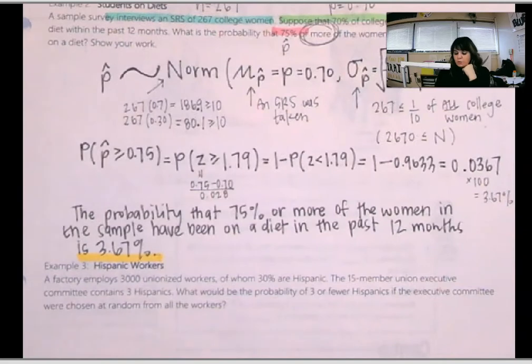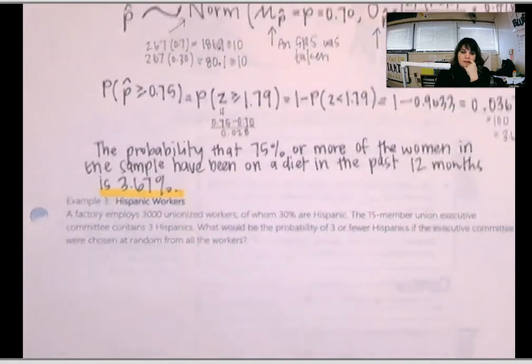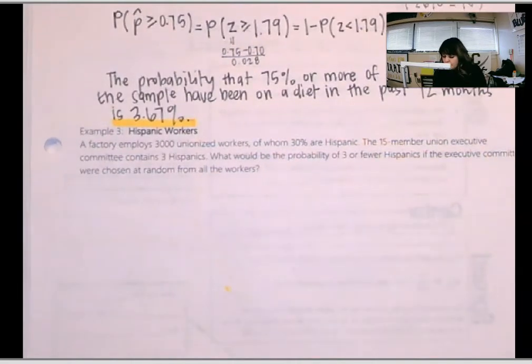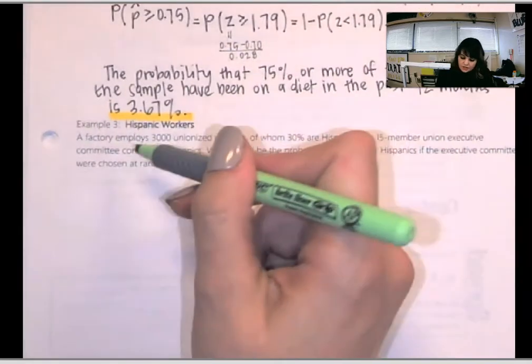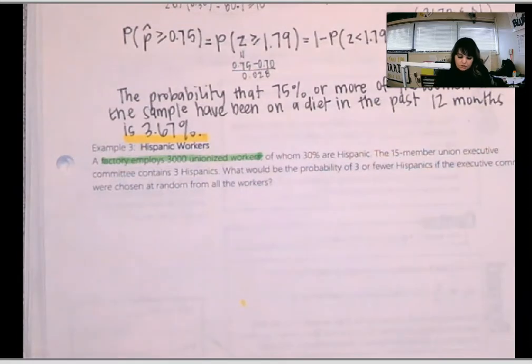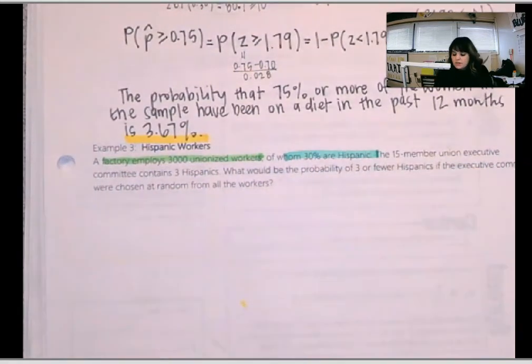Okay, one more problem, and essentially we do it exactly the same. A factory employs 3,000 unionized workers, of whom 30% are Hispanic. Okay, so this is giving us two very important pieces of information. 3,000 unionized workers, 30% of them are Hispanic.